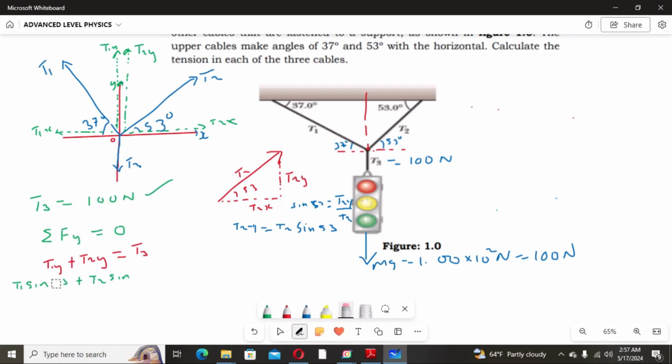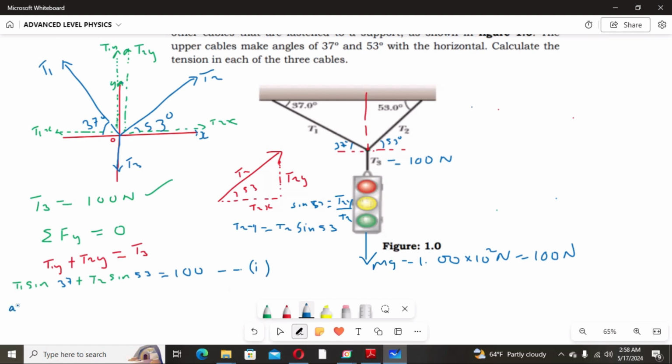This is 37, that is 37, and then this here is 53, plus T2 sine 53, and this must be equal to T3, but T3 is 100 newtons. So we can label this as our first equation. So this is equation 1.